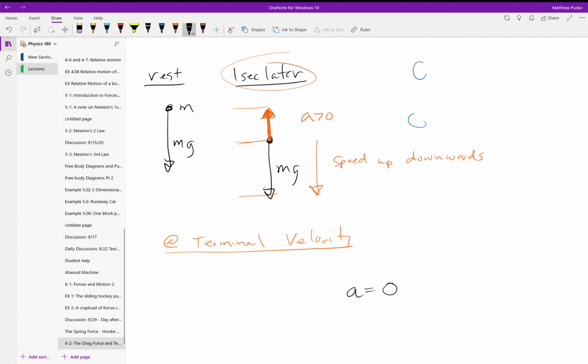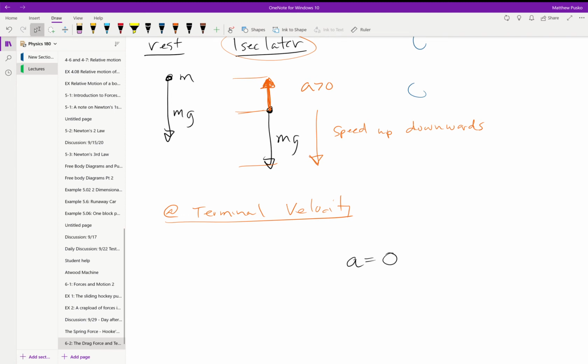It cannot speed up anymore. So if we look at a free body diagram on this, this is going to occur when the two forces acting on the body, the force of drag and the weight, are exactly the same length and pointed in equal but opposite directions. So what do we get if we analyze this?